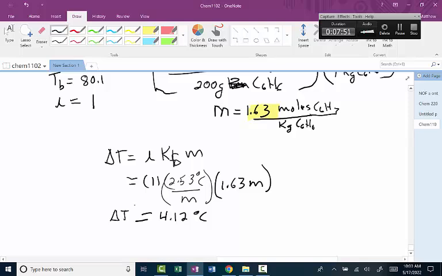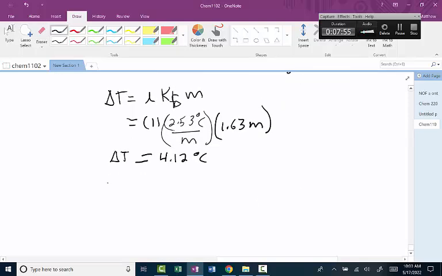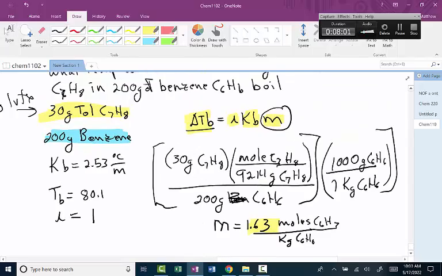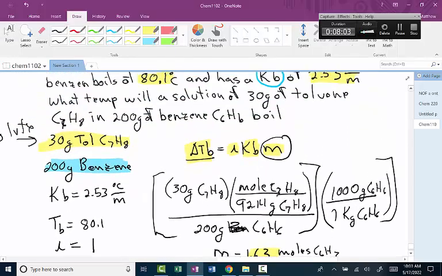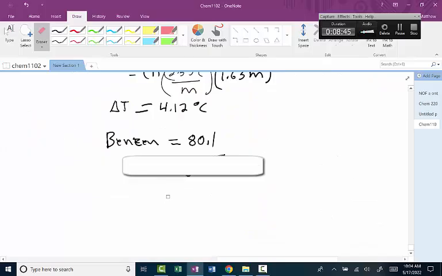Now that's the change in temperature. And I know that benzene, because it was given, boils at, what was that temperature? 80.1. It boils at 80.1, the normal boiling point, and it has to be 4.12 degrees Celsius above it.